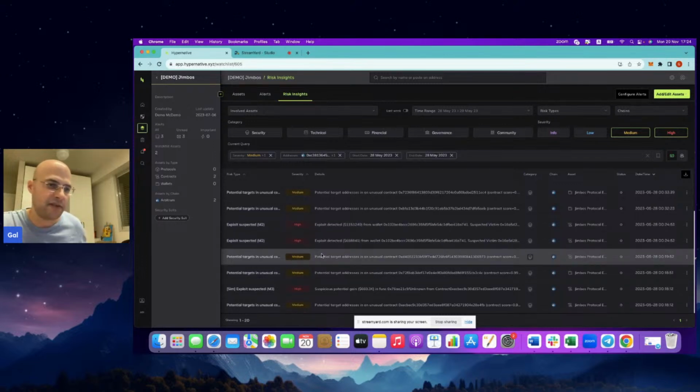There are many other types of vectors that we know how to detect, and this number is increasing all the time because we invest a lot in our security and machine learning team that keeps finding more and more of these indications that an attack is going to happen.